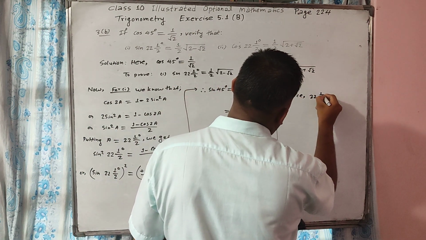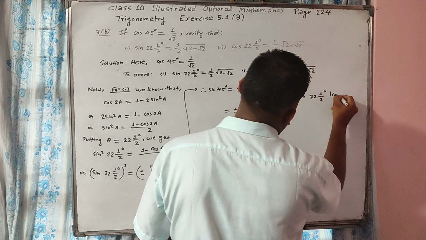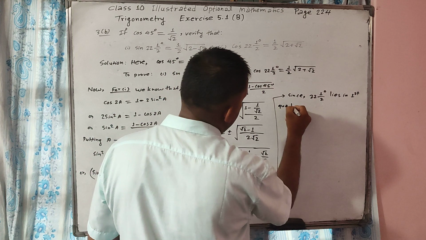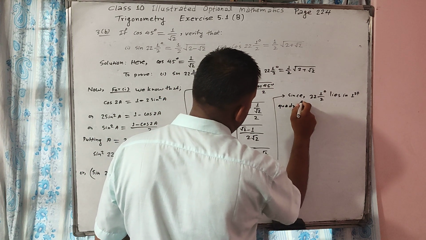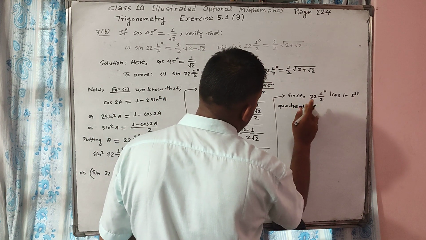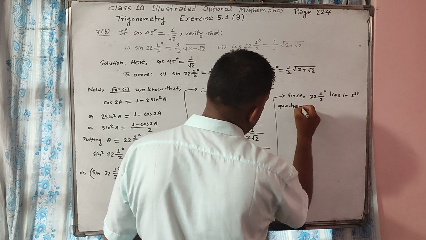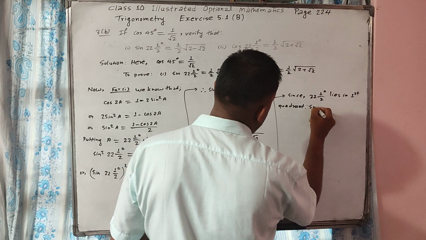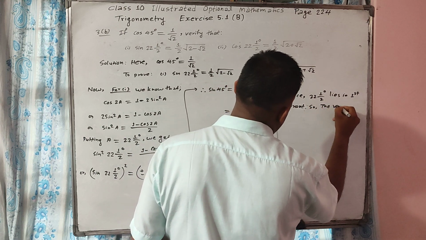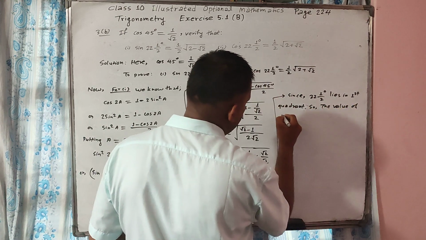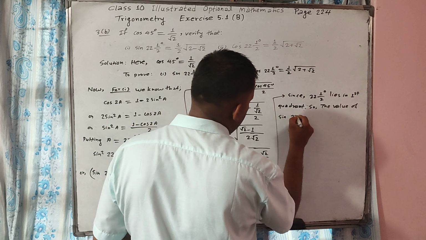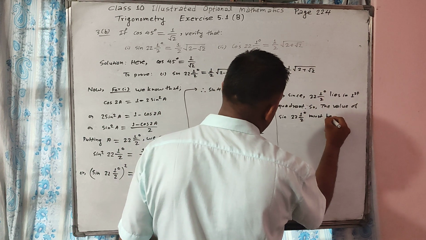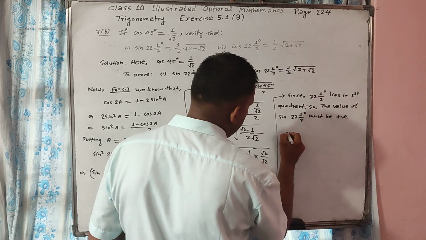Since 22 and a half degree lies in the first quadrant, the value of sin 22 and a half degree must be positive.